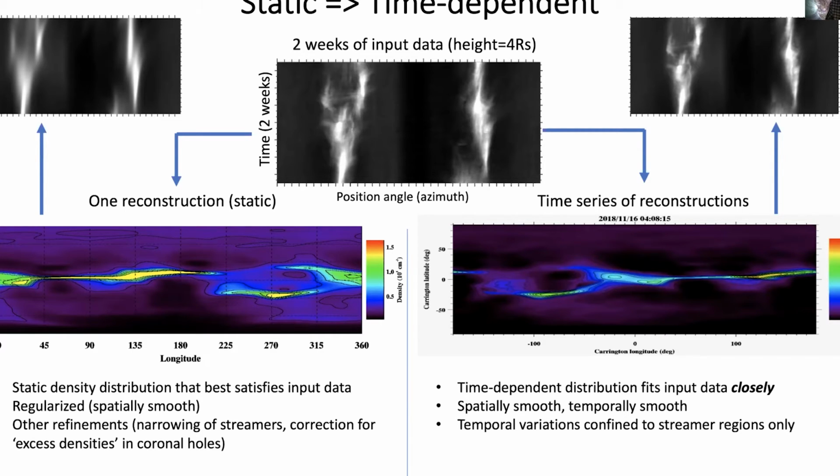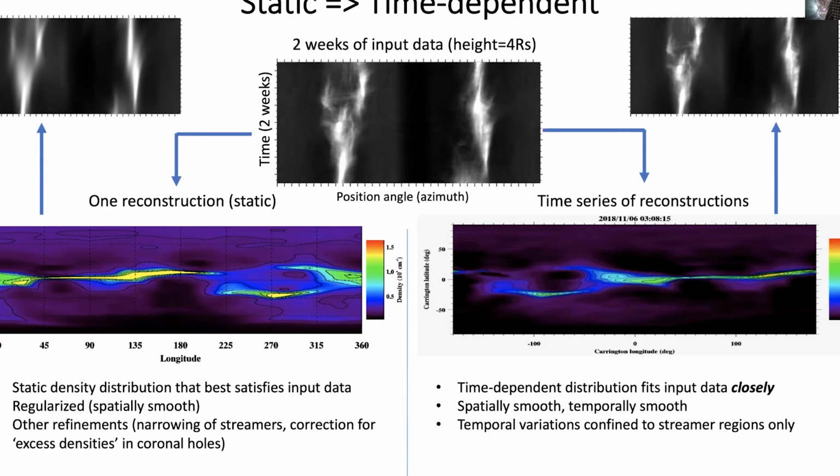Over the past year or so, I've developed a new time-dependent tomography method. This is also required to be spatially smooth and temporally smooth, and we have temporal variations confined to the streamer regions only. This movie is showing the streamer belt during November 2018, showing the density variations. If I do synthetic observations from this distribution, I get what's shown here in the top right.